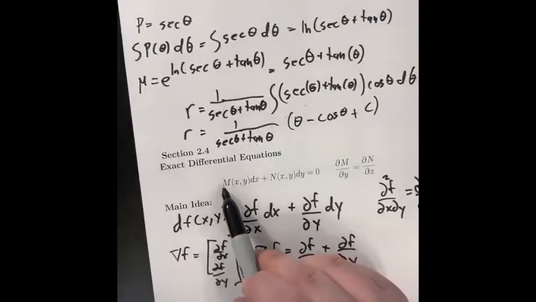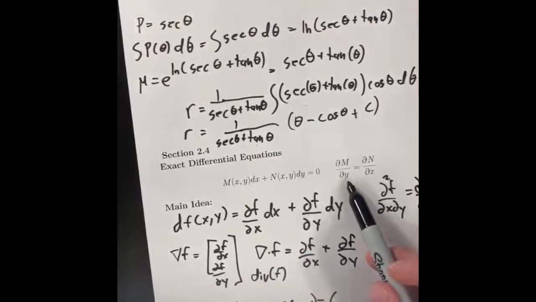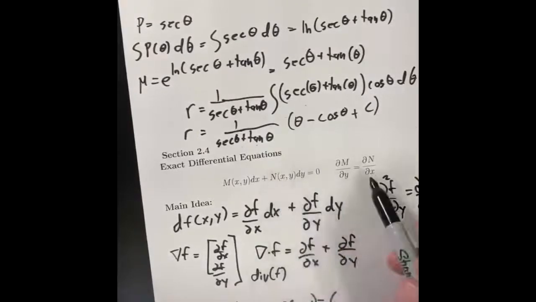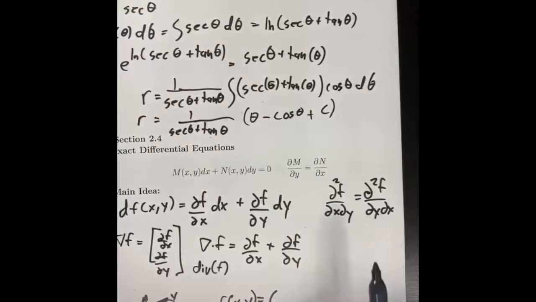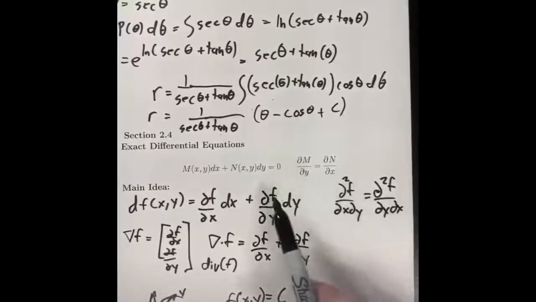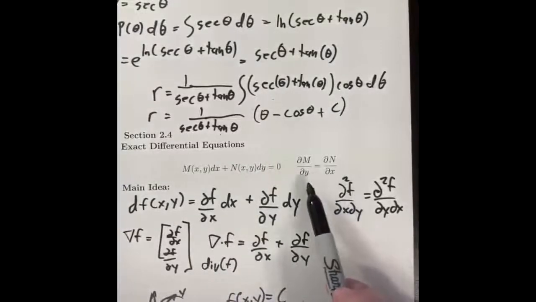M is like partial f partial x, so if we do the y derivative and compare that to n with respect to the x derivative, it should be the same thing, because n is like partial f partial y. If we do the x derivative, we should get this term right here. So that's how we do it. When you see something like this, you check that it's exact by checking this equation.